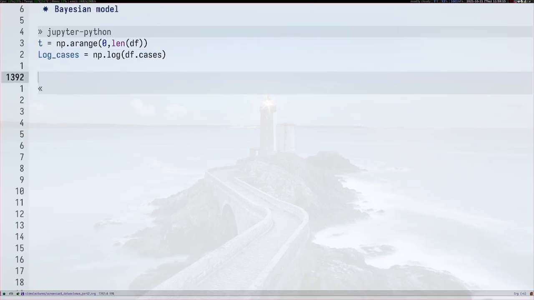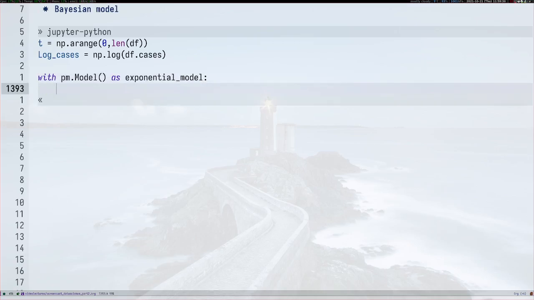So now we're going to specify our model with PM model as exponential model. And then we're going to specify our priors in a second.